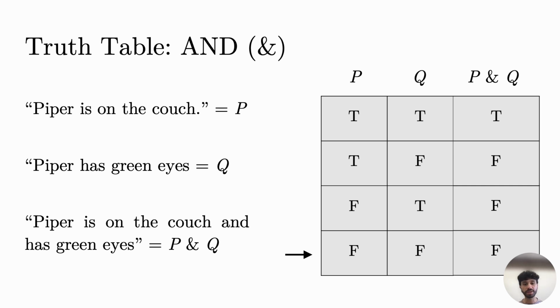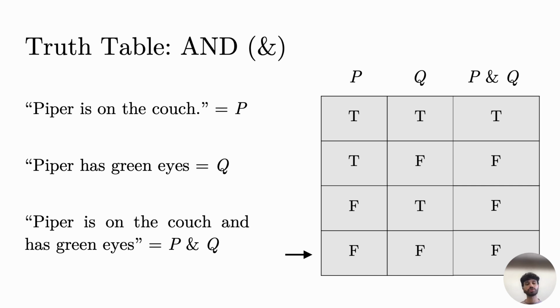So complex statements that use the AND operator are also called a conjunction. And each individual piece is called a conjunct. And here you can remember that the truth of a conjunction, or a complex statement that uses the AND operator, is true only when both of the conjuncts are true.